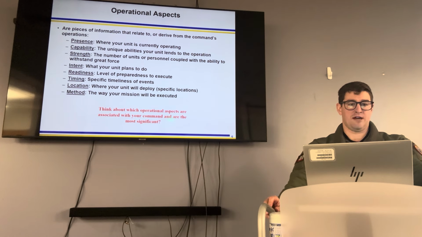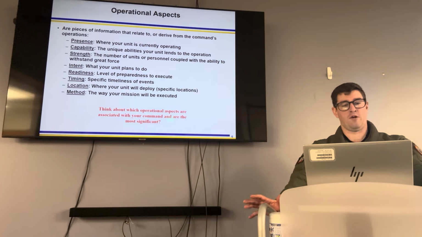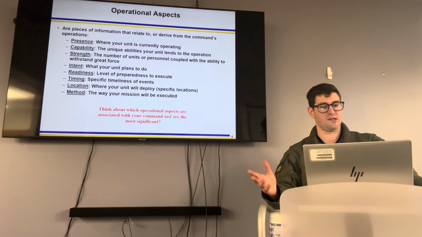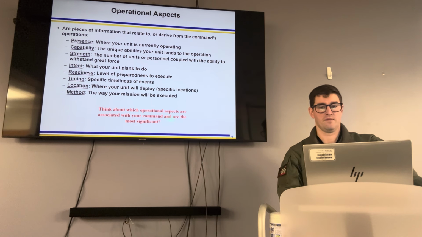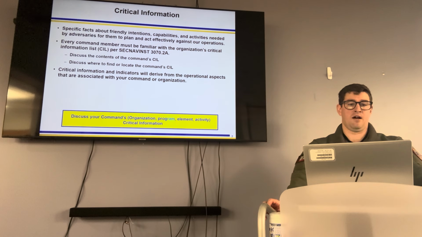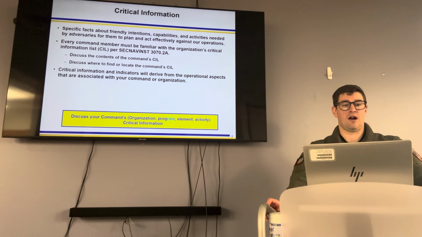Moving on. So operational aspects are different pieces that foreign adversaries can put together to try and understand our presence, capabilities, strengths, intents, readiness, et cetera. Critical information is specific facts about friendly intentions, capabilities, and activities needed by adversaries to plan and act effectively against our operations.